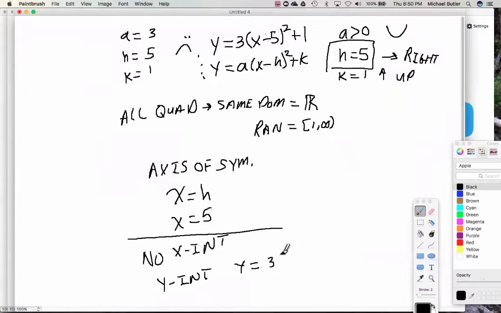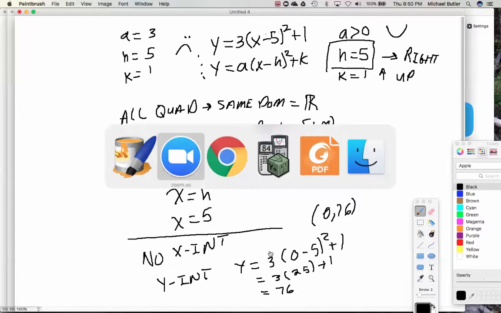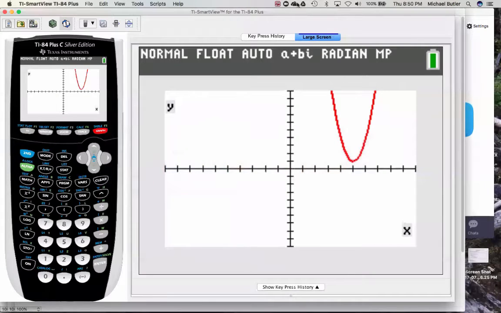So y is equal to 3 times (0 minus 5) quantity squared plus 1, which says that's equal to 3 times 25, because that's what negative 5 squared is, plus 1, which gives us back 76 if you multiply that all out. So the ordered pair is (0, 76). Looking at our calculator here, way up over here, the graph runs into the y-axis at 76.